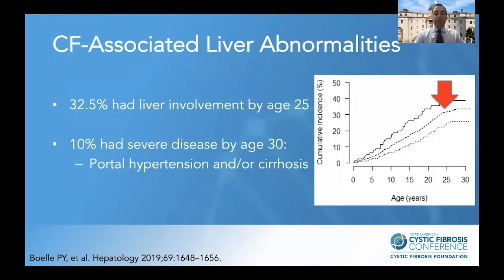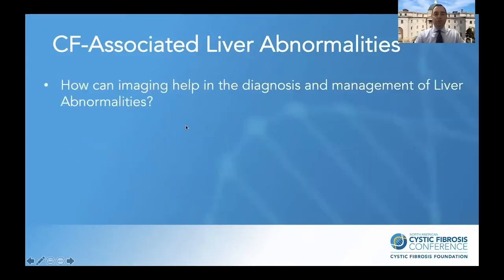The key finding from this study was that nearly 33% of patients had manifestations of liver involvement already by age 25. And furthermore, 10% of patients had severe disease by age 30, including manifestations of portal hypertension and/or cirrhosis. Therefore, as patients with CF continue to live longer, we need to be increasingly aware of the manifestations in the liver and use imaging modalities in an efficient way to diagnose and monitor these patients.